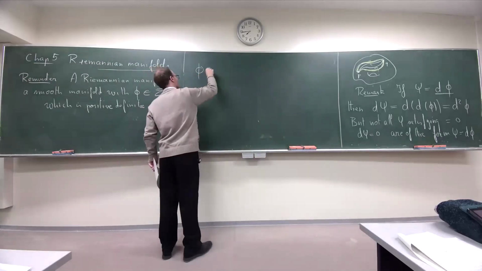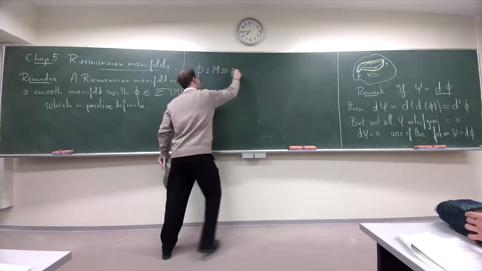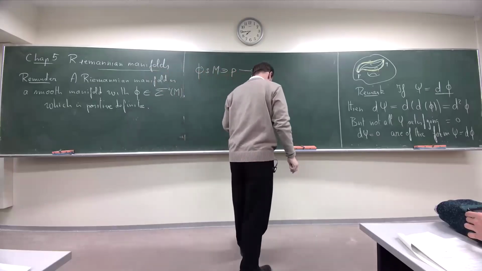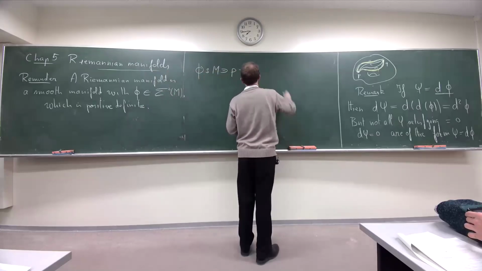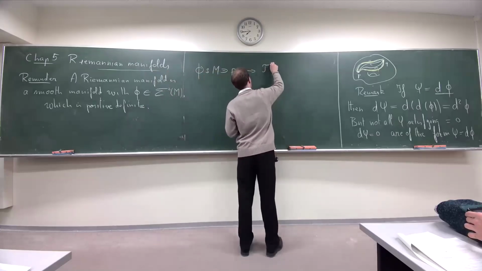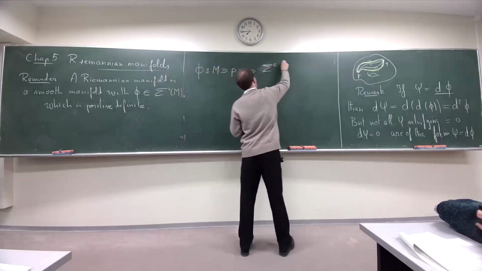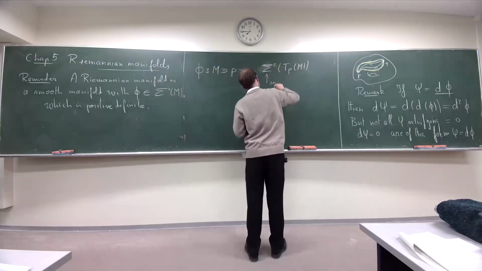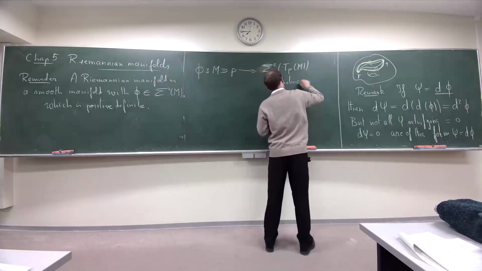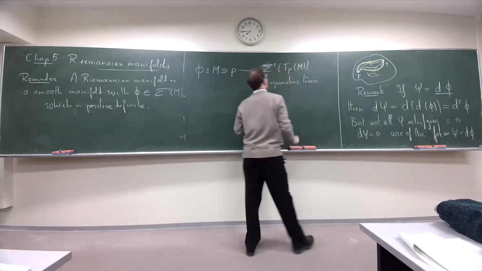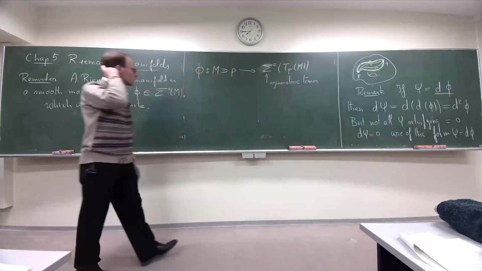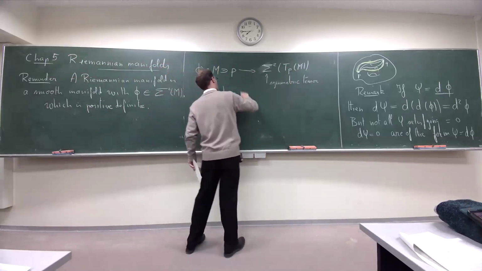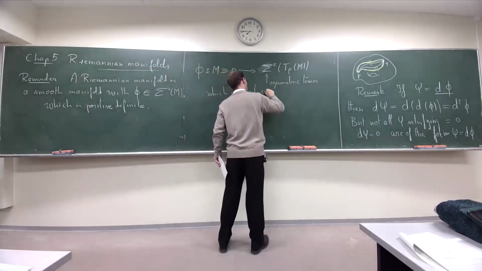Phi indeed is a map from M to sigma 2 of T of M. So this is a set of symmetric tensors on two copies of TpM, which is positive definite.